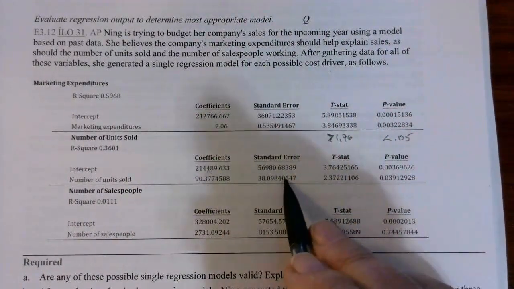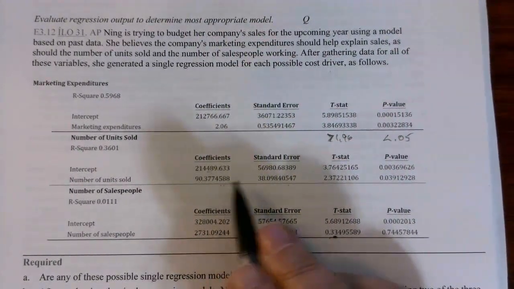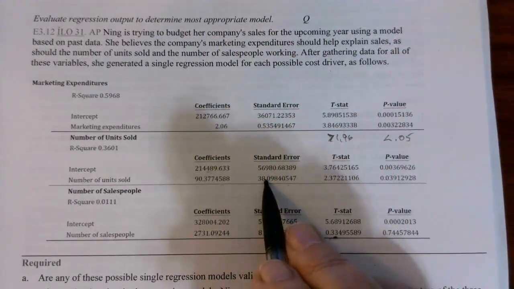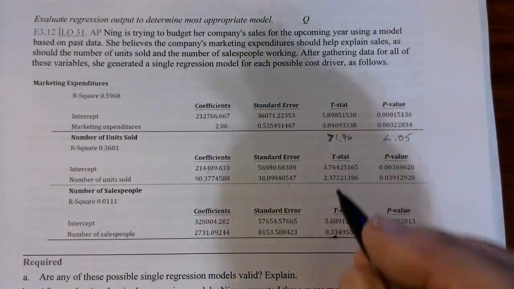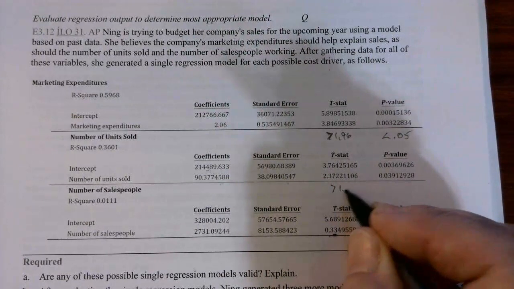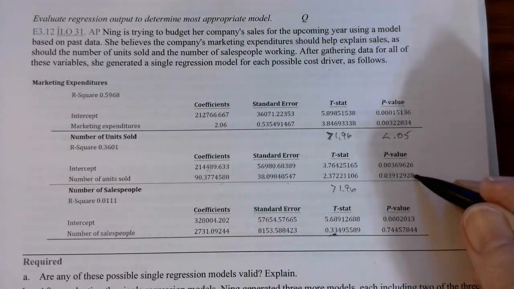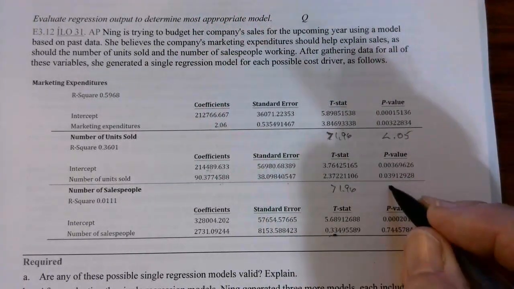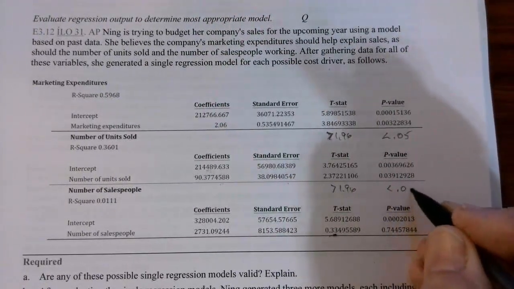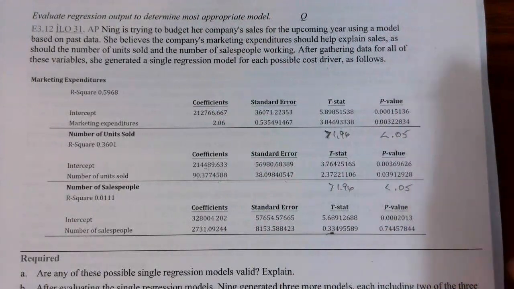Our standard error is a little bit higher, about 42%. The t-statistic is still greater than 1.96, and the p-value, although not as strong as marketing expenditures, is still less than 0.05. So this would be a good variable too.